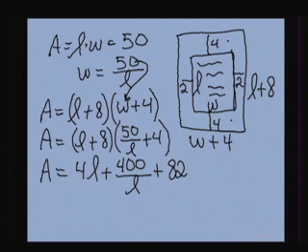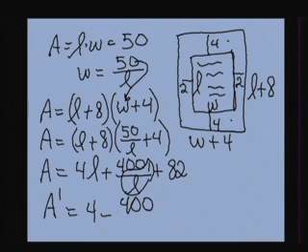So this is the area that we want to minimize, and therefore we have to take the first derivative, that is, find A prime. That's going to be 4, and here's our famous 1 over L times 400, so it's going to be minus 400 over L squared. And 82, of course, turns out to be 0.